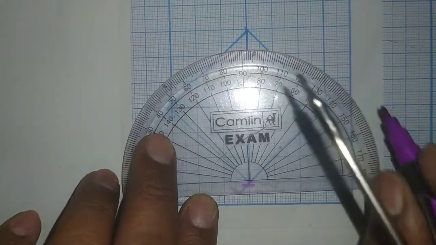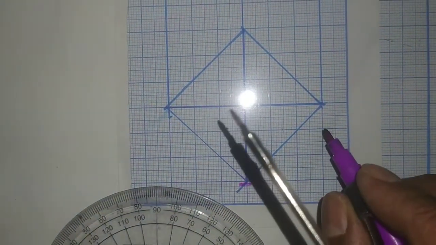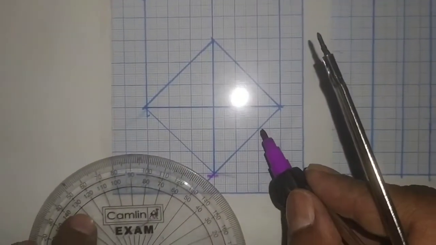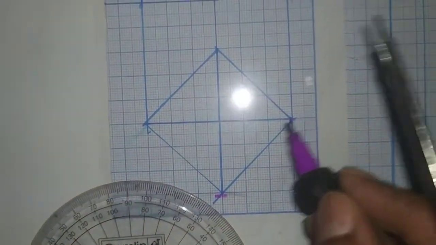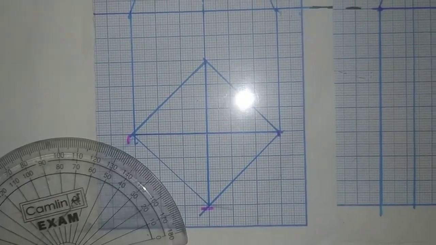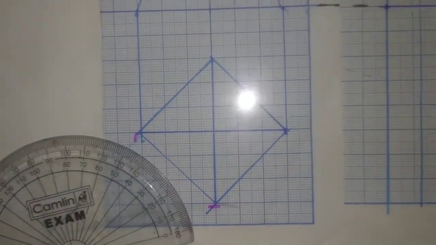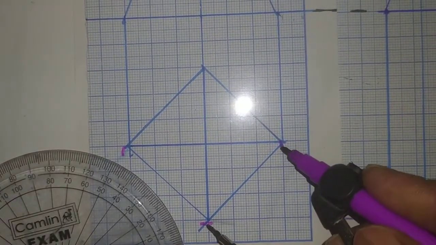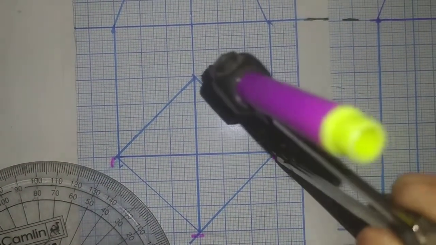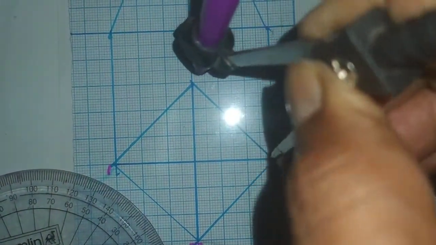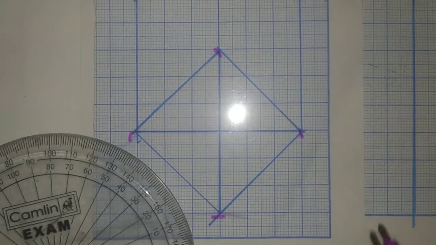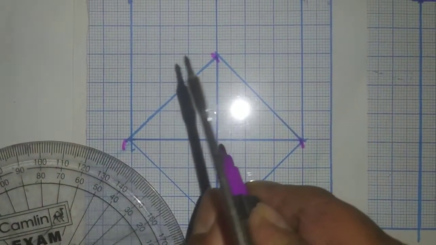At both the sides mark here. Take the distance they have given, 40 mm. Mark it here, 40 mm. Then take a compass and cut it on both the sides. Here and here we will get a square. This is axis OP.